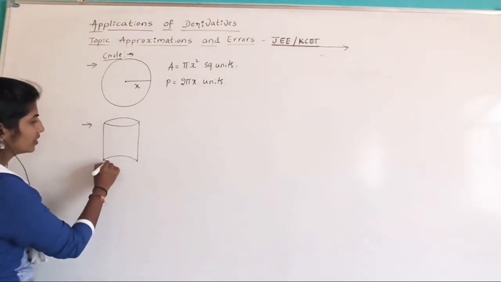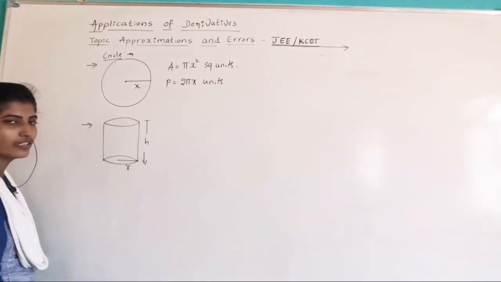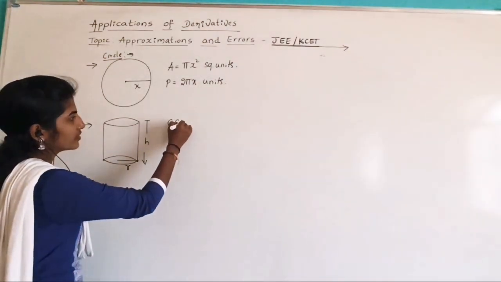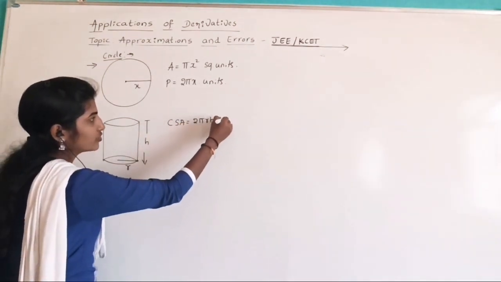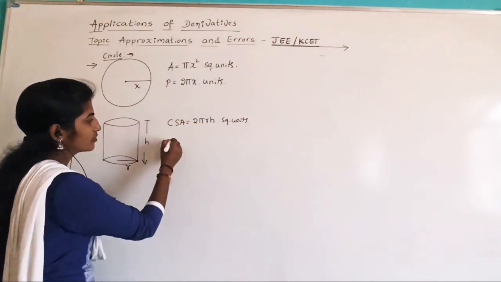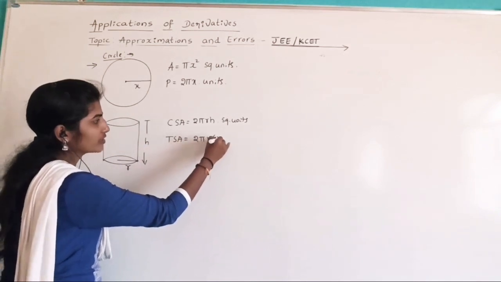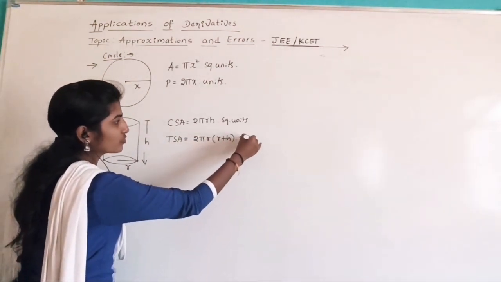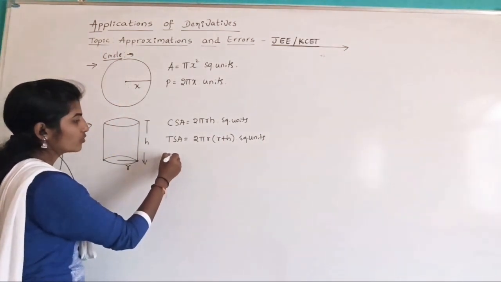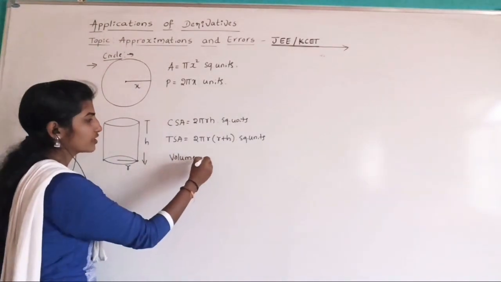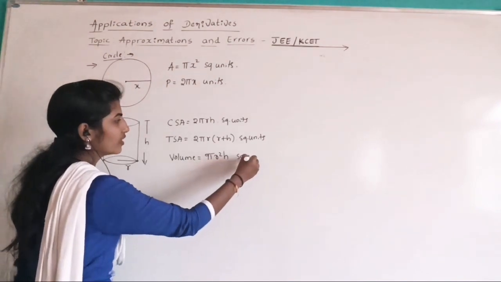If a cylinder with radius r and height h is provided, then its curved surface area, that is CSA, is given by 2 pi r h square units, and its total surface area is given by 2 pi r in the bracket r plus h square units, as well as the volume of the cylinder is given by pi r square h cubic units.